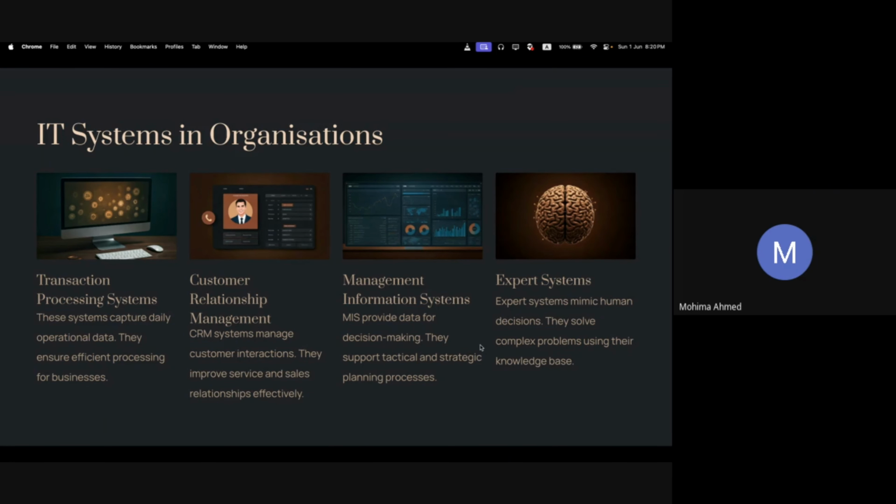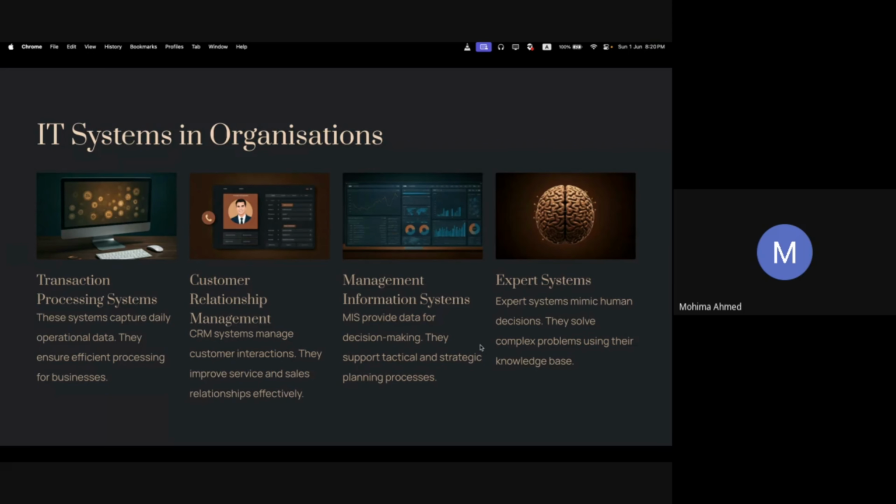That call center uses a different type of software, which is customer relationship software. How they manage this software, how it works, how they take the data, and how they improve service and sales, we will learn in this chapter. What does customer relationship management mean?